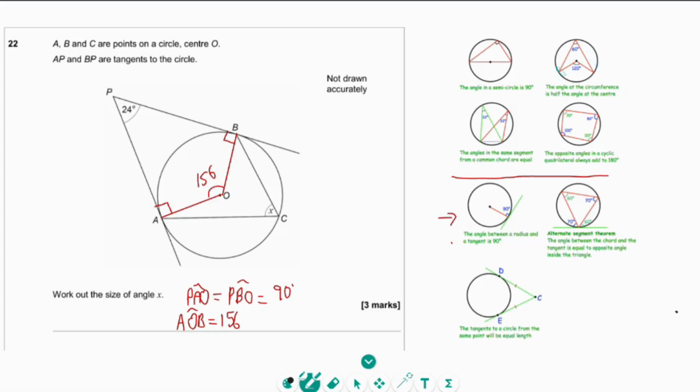So if I look at my 4 theorems without a tangent, you can see, hopefully you've noticed, it's this circle theorem here. The angle at the circumference is half the angle at the centre. The angle at the centre is 156. So ACB, which happens to be angle X, is half of 156, which is 78 degrees.